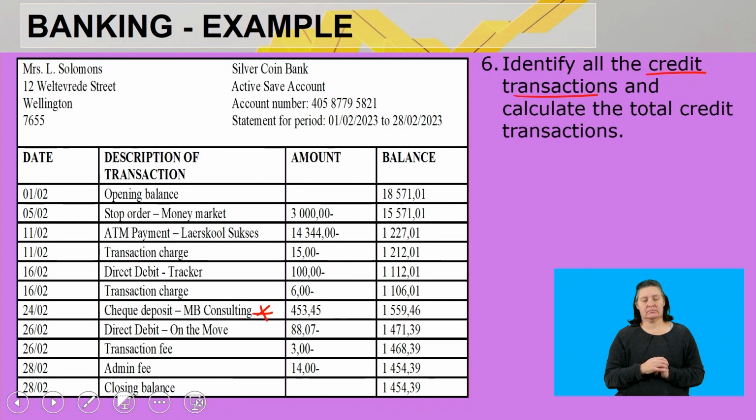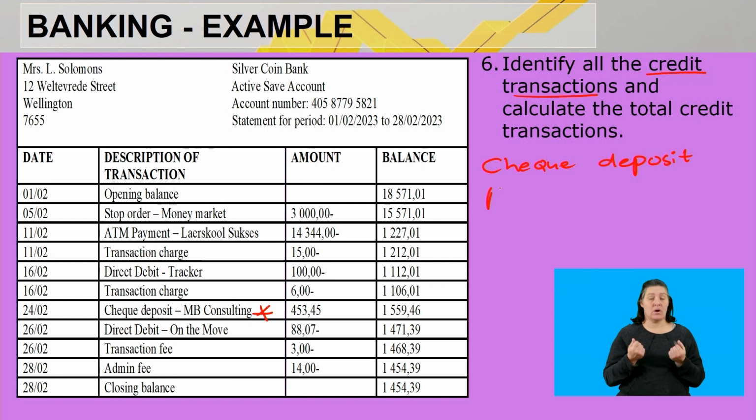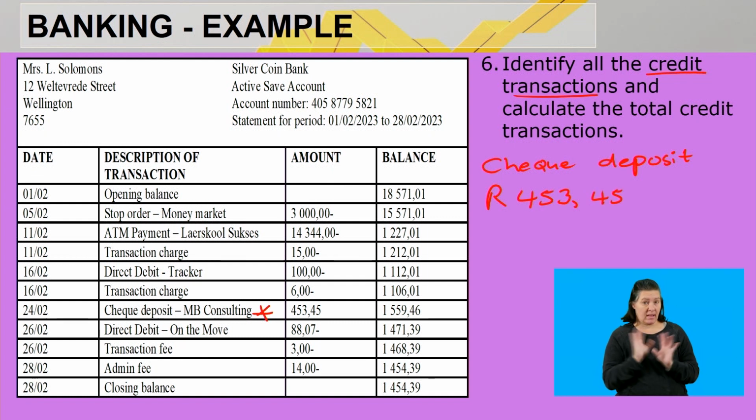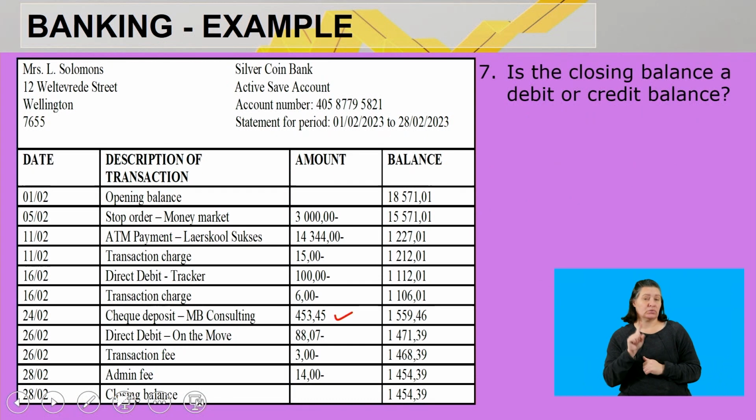This is where we actually are. So that will be, it's a check deposit. So money was deposited into this account. All right, that's a check deposit, and then the amount here is 453 Rand and 45 cents. Guys, I guess that's also clear, right? No other credit transactions.